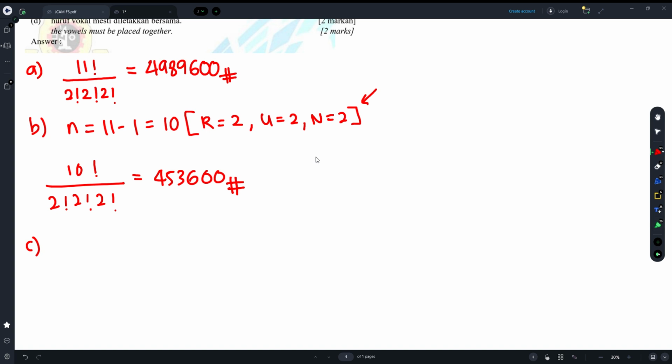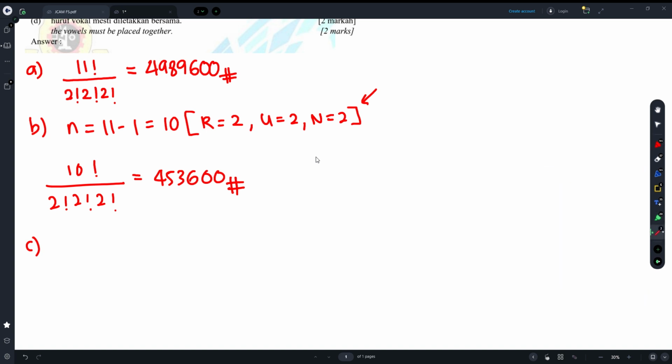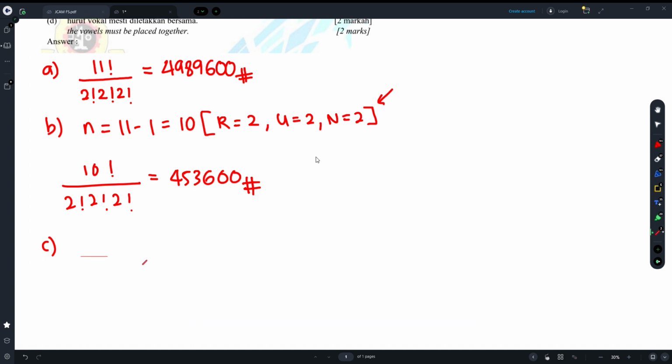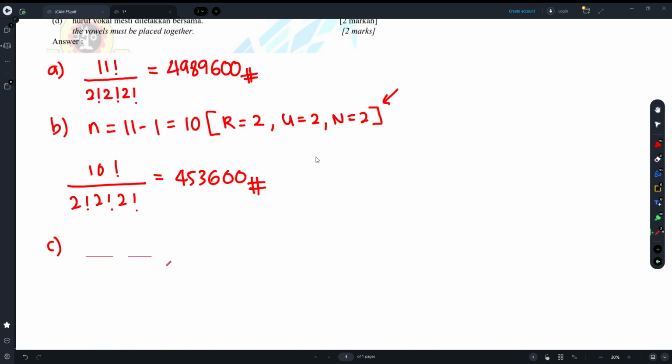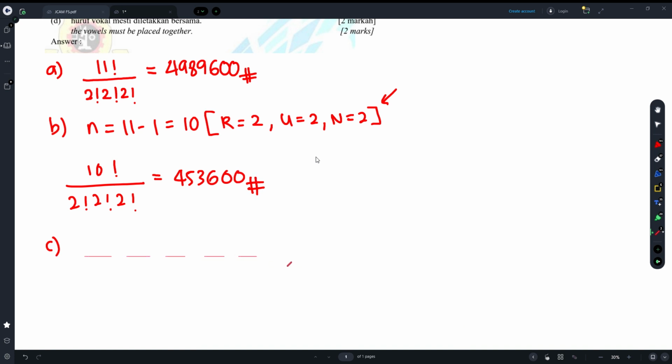First thing that you need to understand here is that you have to imagine there are actually 11 positions in this particular word. Let me draw all the 11 positions for you.